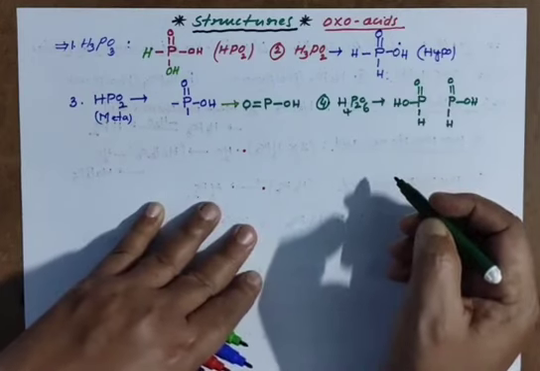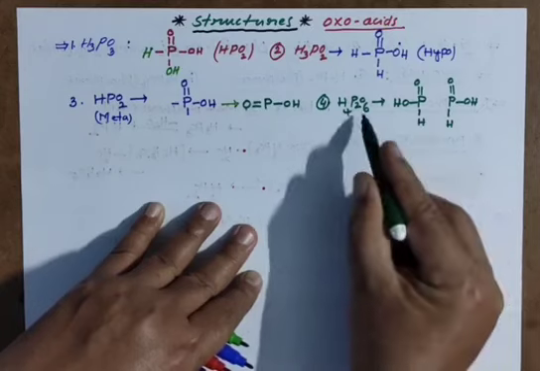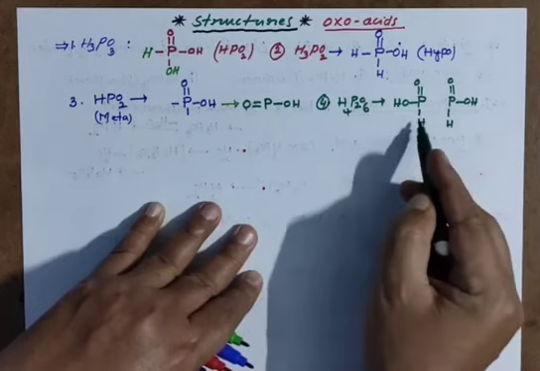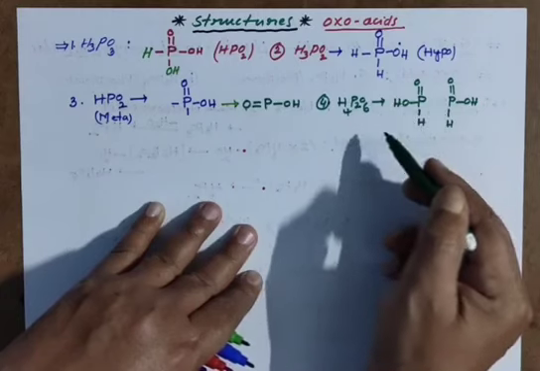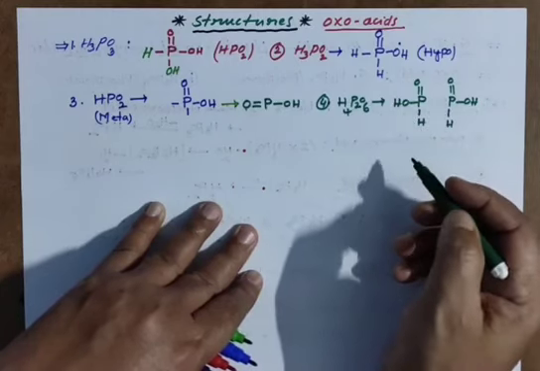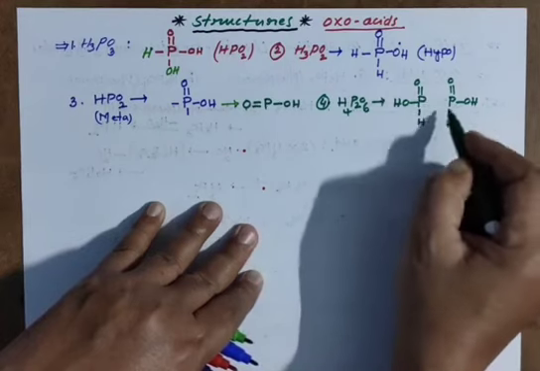And remaining we have 1 oxygen. Total here 1, 2, 3, 4, 5. We have to get 6. Here the remaining 2 oxygens are going to be bonded.